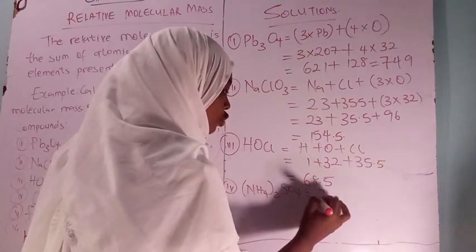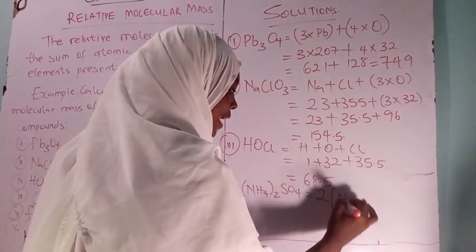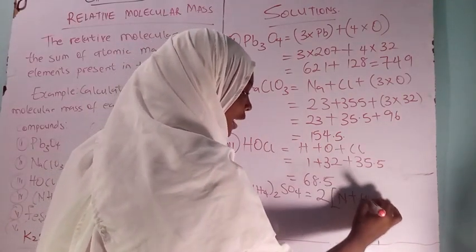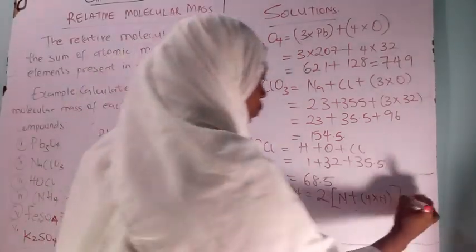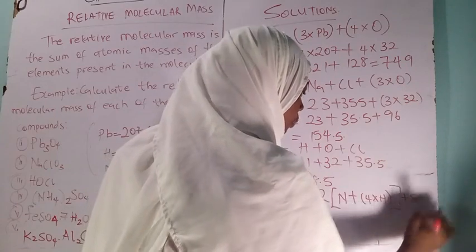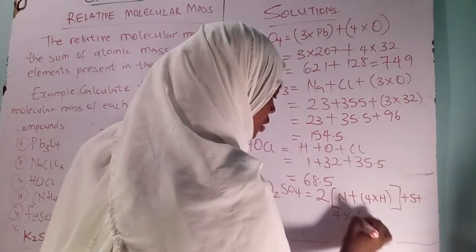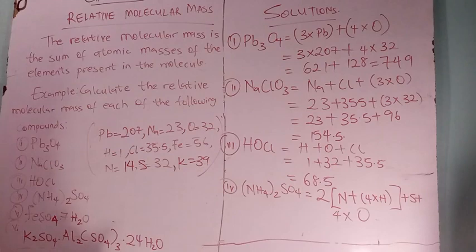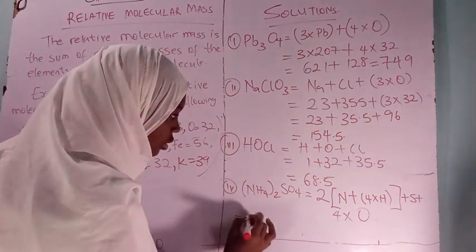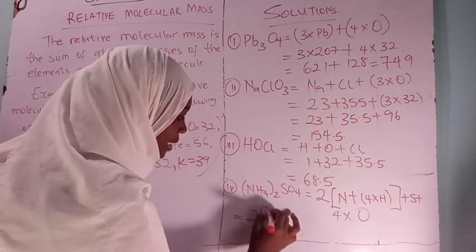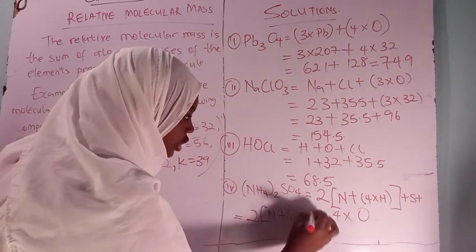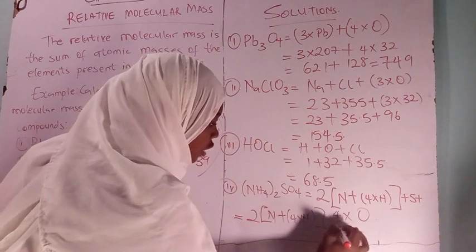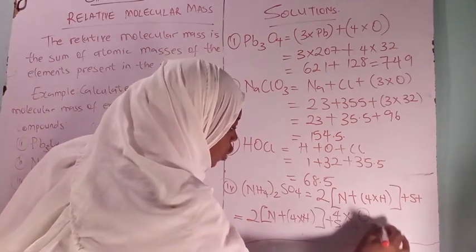That means we have 2 open brackets N plus 4 times hydrogen close brackets plus sulfur plus 4 times oxygen. Do you get it? 2 into brackets N plus 4 times hydrogen plus sulfur plus 4 times O.